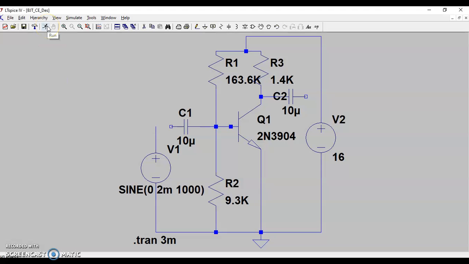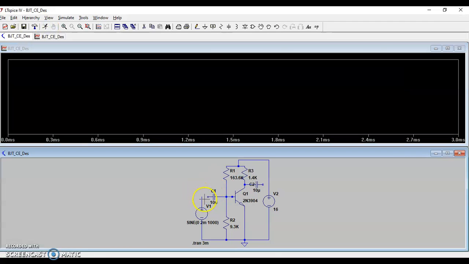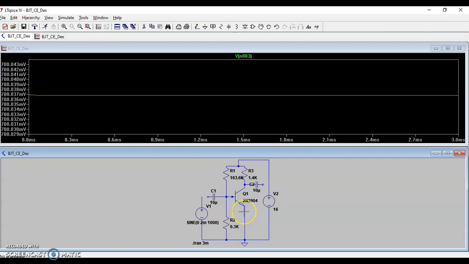This is the circuit we have drawn, right? R1, R2, RC is 1.4, and you have a 16 volt VCC, right? An input AC signal to be amplified is injected through a coupling capacitor, and the output needs to be taken out through a capacitor, right? Currently I have eliminated the AC source because I want to see the DC biasing. So from emitter to base, the emitter is already grounded, but I still make a reference so that you will remember to see the VBE.